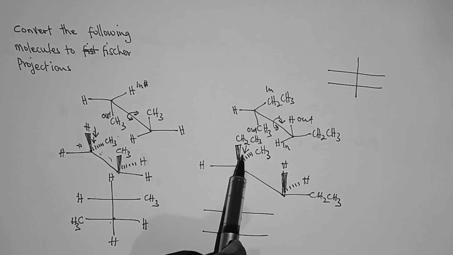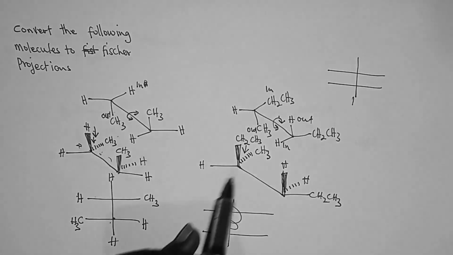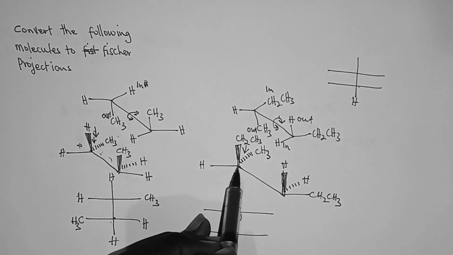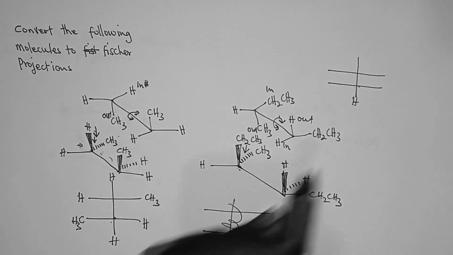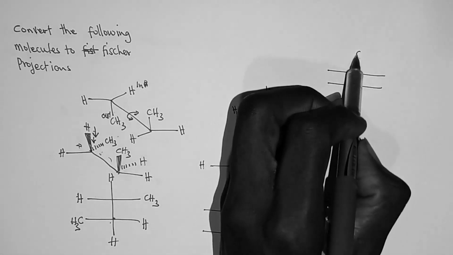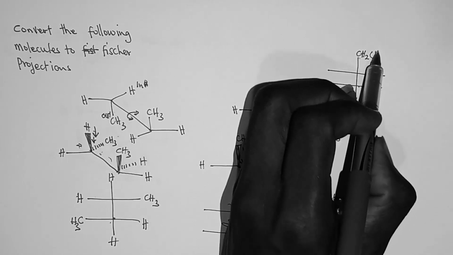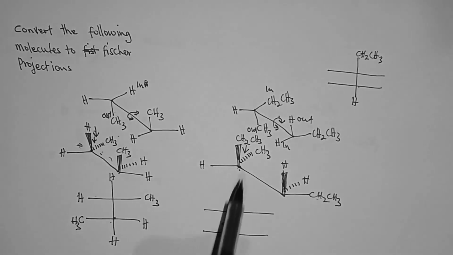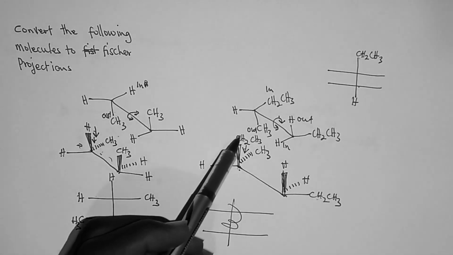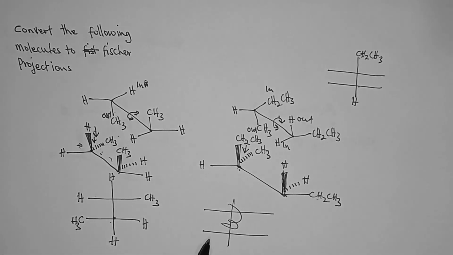Now if we put our eyes here, you see that in the plane of the molecule, the down, because this carbon stands for this carbon, it represents this carbon. So here's a proton, and then at the top here is this ethyl group, which is CH2, CH3. And then if we stand here looking at this carbon, then our right eye will be seeing this ethyl group, and therefore the ethyl group is going to be on the right.